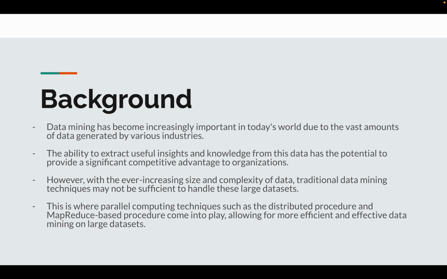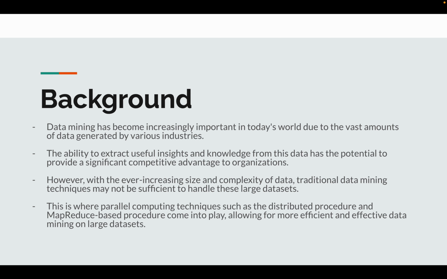This process involves various techniques and algorithms, including classification, clustering, association rule mining, and more. Next, let's define big data. Big data refers to datasets that are too large and complex to be processed using traditional data processing methods. These datasets are typically characterized by three V's: volume, velocity, and variety.